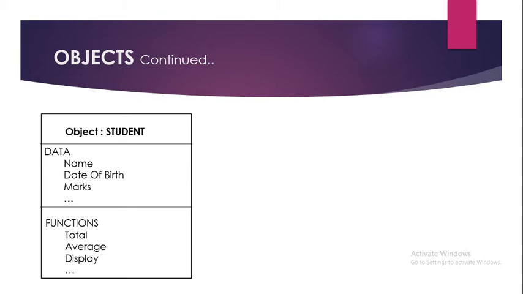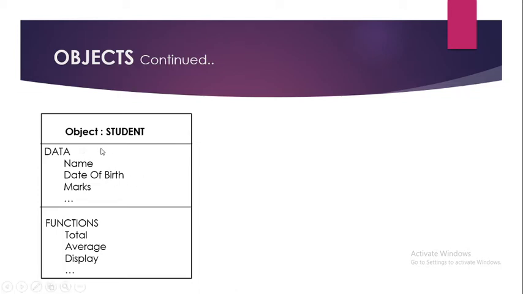So here is one structure for an object, a logical diagram, or symbolic logical representation of an object. In this example, this object is for student, just as we said in the discussion. Student is the name of the object. Every object has some data along with functions to manipulate this data.